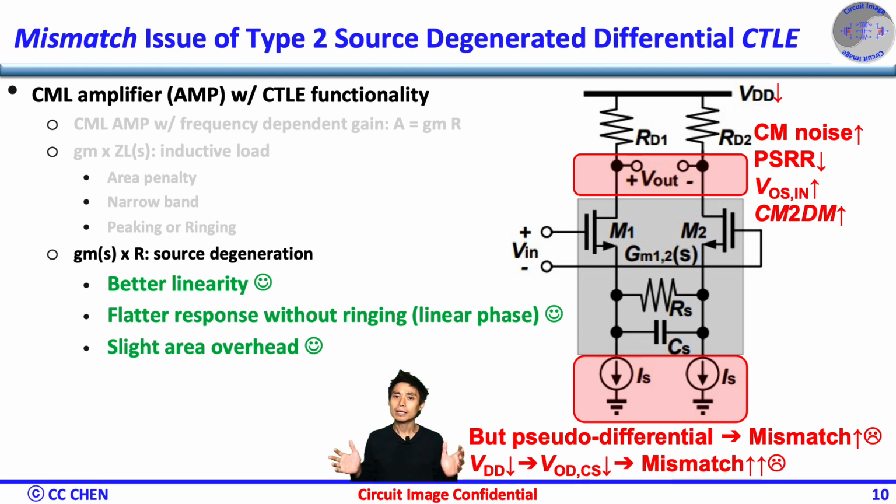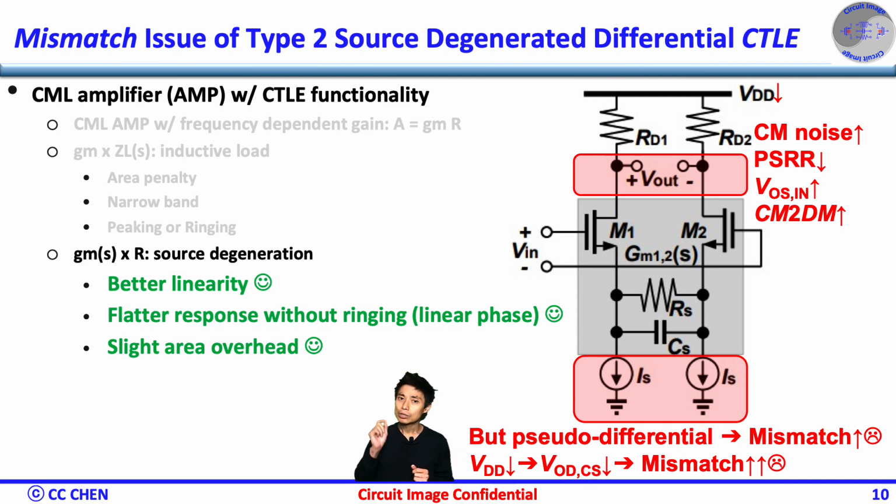So, again, I'm not saying this mismatch issue cannot be mitigated, but we must pay much attention to the mismatch variation in the several performance evaluations we mentioned, no matter type 1 or type 2.